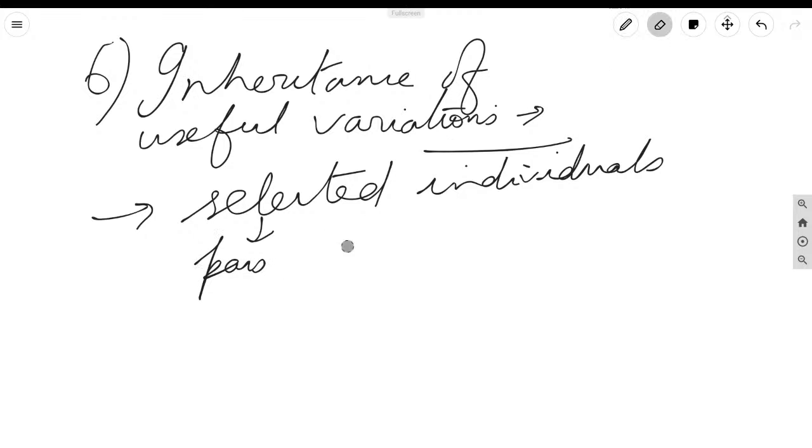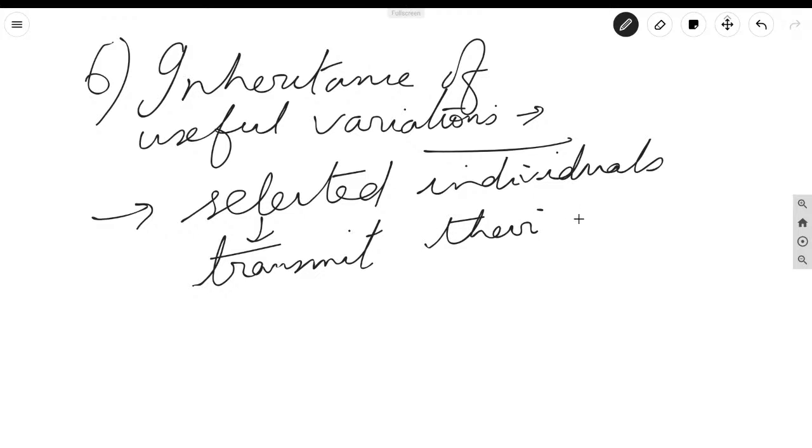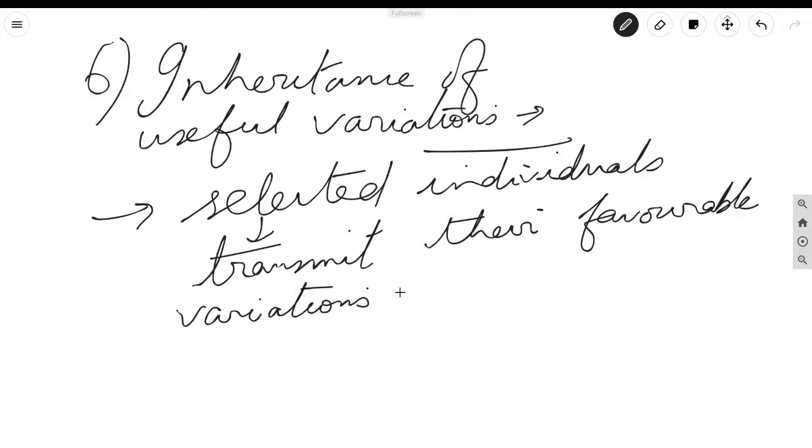They will be able to transmit their favorable variations to their offspring.